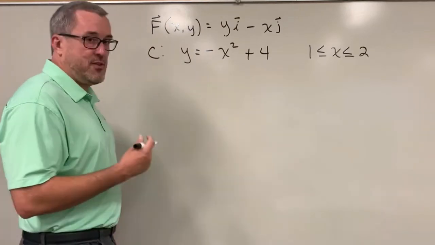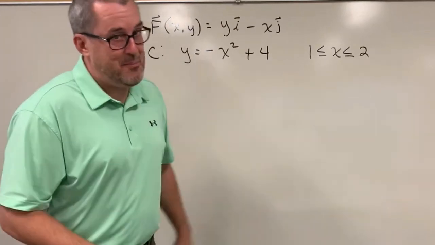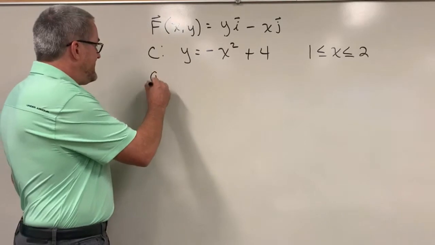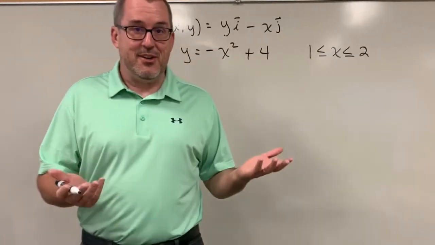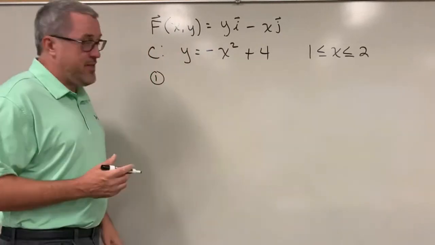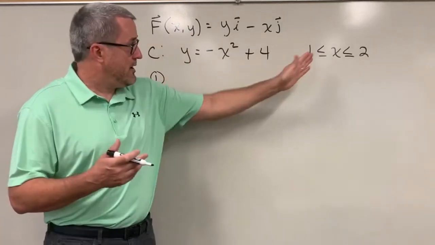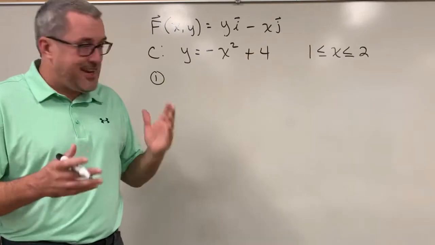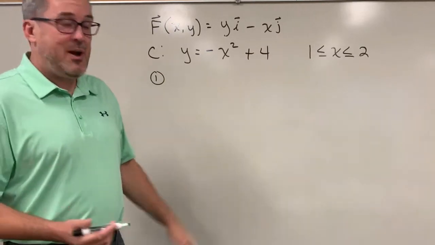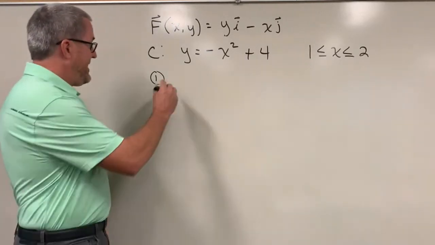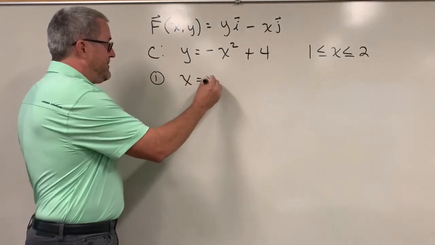Now the process for computing a line integral has several pieces, but the first piece is we need to parameterize the curve. So the curve that we're on is this parabola, y equals negative x squared plus 4, but just where x is between 1 and 2. So to parameterize this curve, most simply anyway, let's let x equal t.